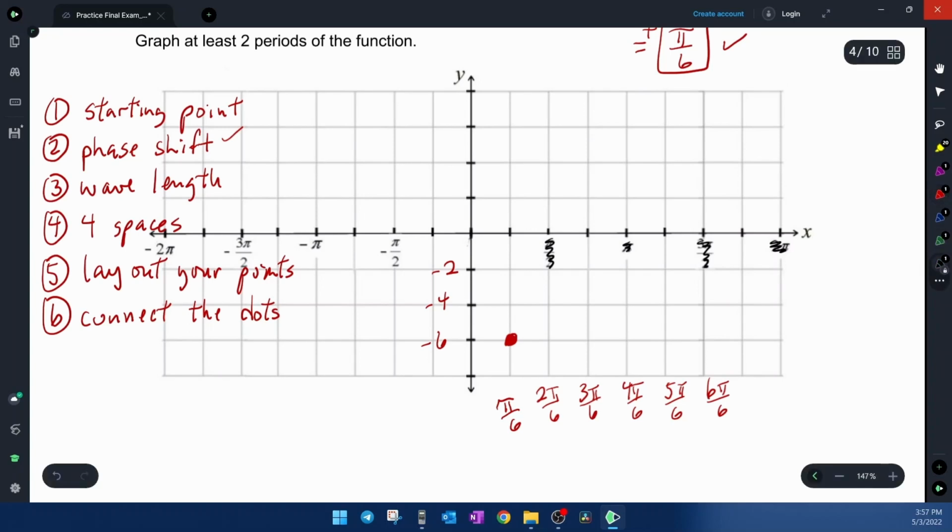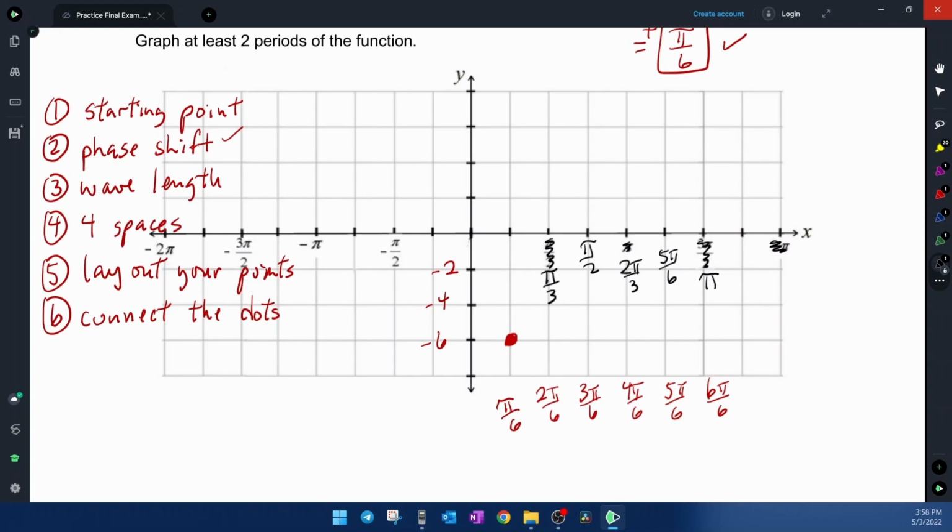Grabbing my black pen, 2 sixths is a third, so this would be pi over 3. 3 sixths is a half, so this would be pi over 2. 4 sixths is 2 thirds. 5 sixths doesn't reduce, that's 5 pi over 6. And last, 6 sixths is pi. And so now those are the new labels of the hash marks.